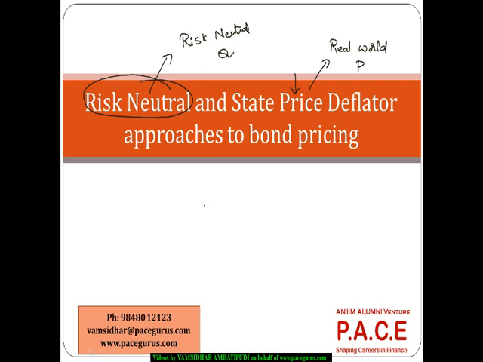First of all, I need to understand the stochastic differential equations for the interest rate r as well as the bond price under both the measures. That is the starting point for doing any kind of pricing.